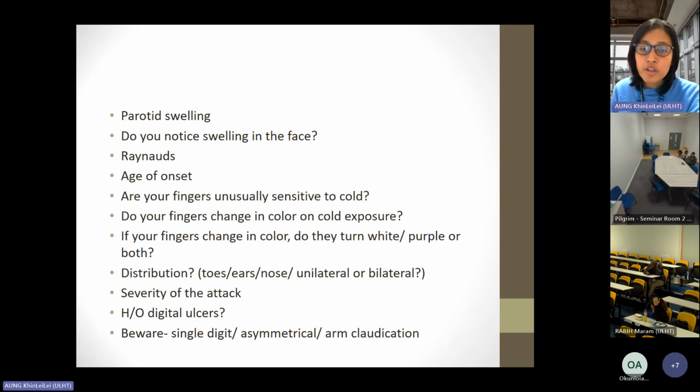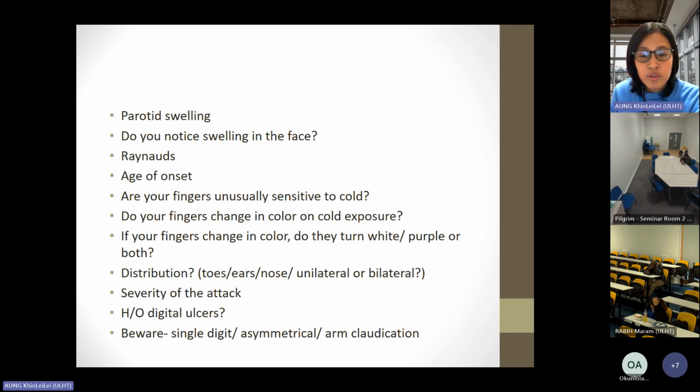Have you noticed any parotid swelling, swelling in the face? Raynaud's: age of onset. If it is primary Raynaud's, usually it starts at less than 40 years of age. Are your fingers usually sensitive to cold? Do your fingers change in color? Do they turn white, purple, or both? If the patient is not sure, you can show the patient a picture from Google showing Raynaud's.